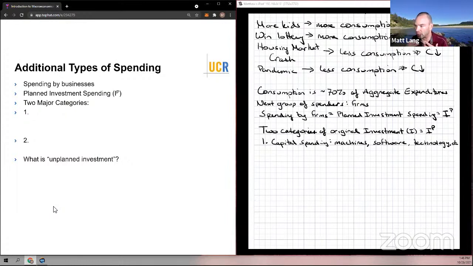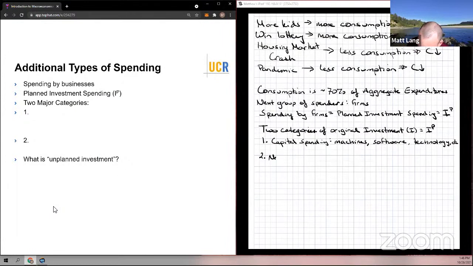That was what we first felt comfortable with when it came to investment. That's not changing, because that's a firm planning on spending. They're planning on spending on capital. And then the other thing that's a nuance, but I don't think it was too much of a stretch at the end of the day, is new homes. We can think of new homes as this new creation of a place where a family can grow, a family can produce family goods, right?